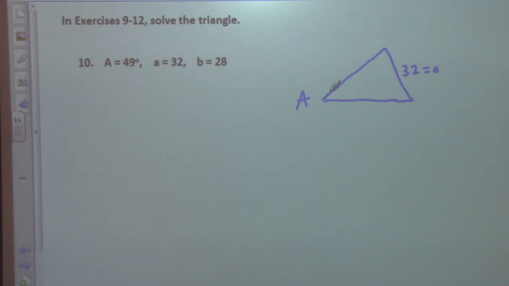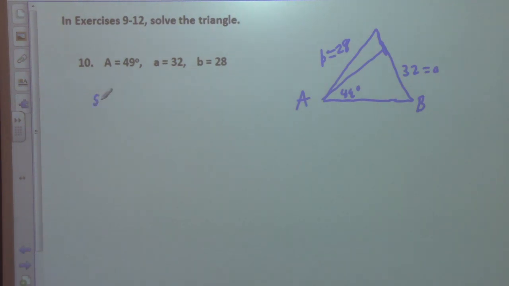So I've changed my drawing just based on what it looks like. So b equals 28, we'll say. And we want to find what this angle b is. Can you put 49, like a big A? Yeah, so 49 degrees.